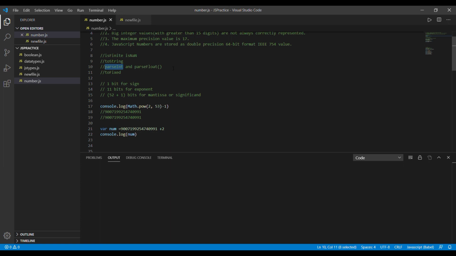We have also seen their use cases in the previous video session. parseInt is used to convert a string to integer type, and parseFloat converts a string to float type. We have also seen how they are different from the Number function or the unary operator. We have also discussed the toFixed function, which is used to return the fixed digits after the decimal point. This is also a very easy function. I'm sure you will find them pretty straightforward and easy to use.